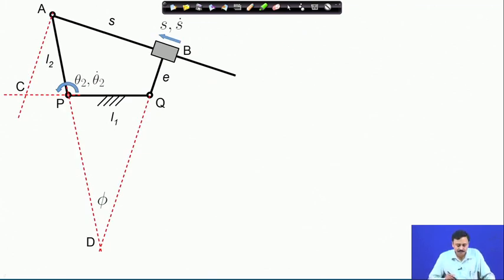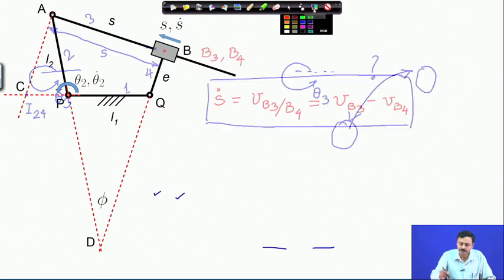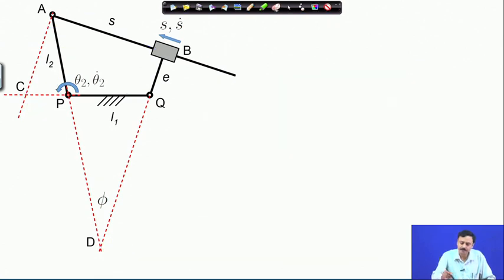Previously, we had also discussed the input output velocity relations using the method of ICs, which we just reiterate here. So, we had used these two instantaneous centers of rotation. So, this point D was I13. So, this is 1, this is 2, this is link 3 and this is link 4.